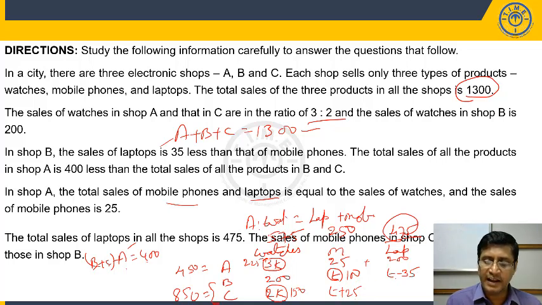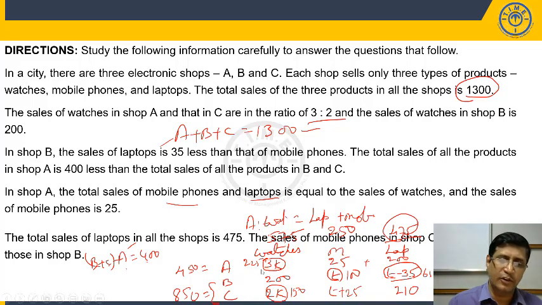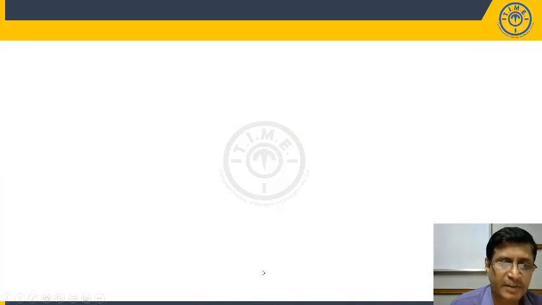Here it is 100 minus 35, which is 65. So the sum of 65 and 200 subtracted from 475 will give 210. So I will give all these values in a sheet. Just look at this one carefully.